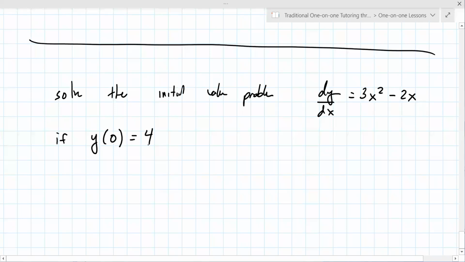And this is actually the exact same problem as the previous one. You have to find the antiderivative of this, plug in for x and y, and find your c value.